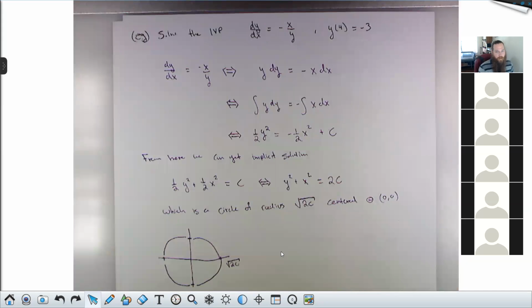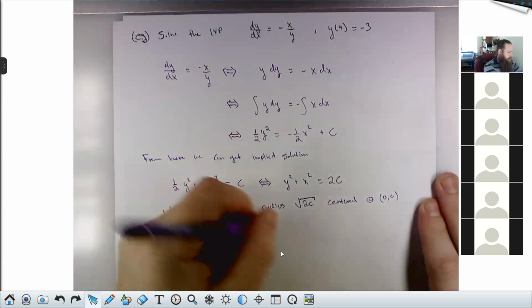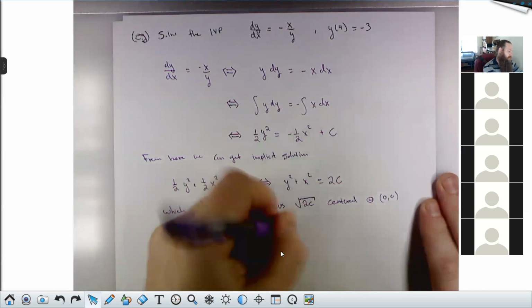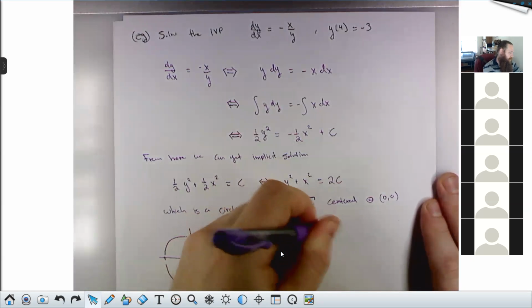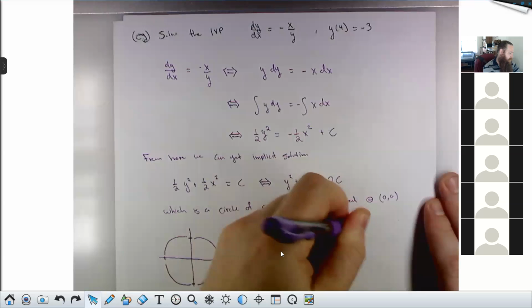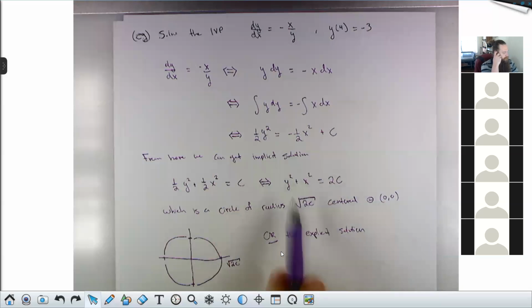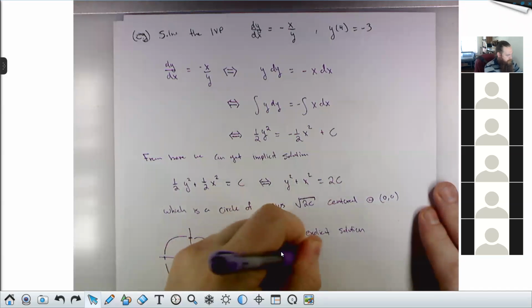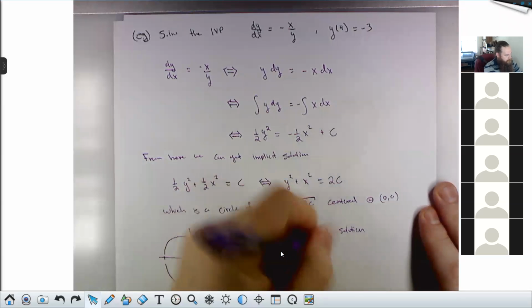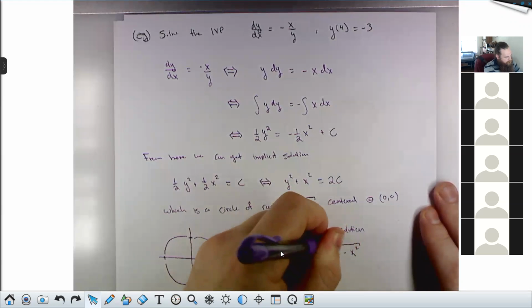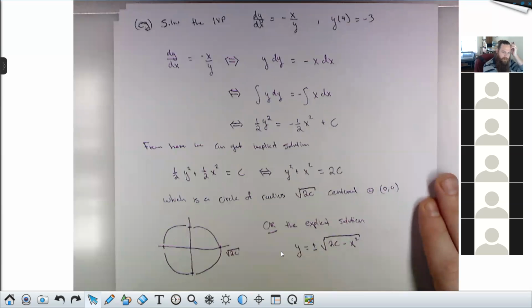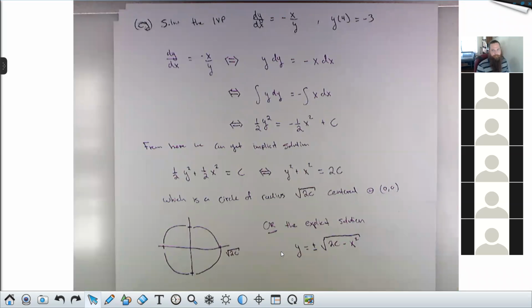If you want an explicit solution, you can get one too. By solving this for y, I get y equals plus or minus the square root of 2c minus x squared. You might recognize that as a circle, you might not.